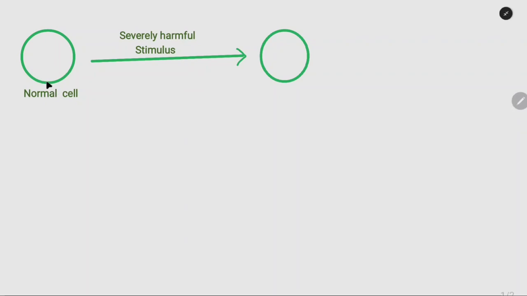Now suppose this is another normal cell and we now give a severely harmful stimulus to it. This severely harmful stimulus will cause certain damages in the cell, and these damages will also be severe.